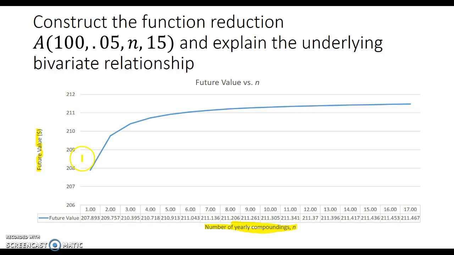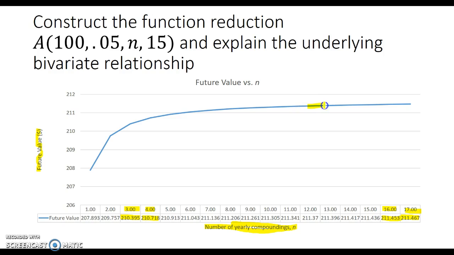It's kind of cool to look at this graph because if you compound once a year and then go to compounding 2 times a year, your future value grows from $207 to $209. But as you vary from 3 compoundings a year to 4, the difference is pennies on the dollar. And furthermore, over here, when you vary from 16 to 17 annual compoundings, your balance really only changes by about 46 cents.